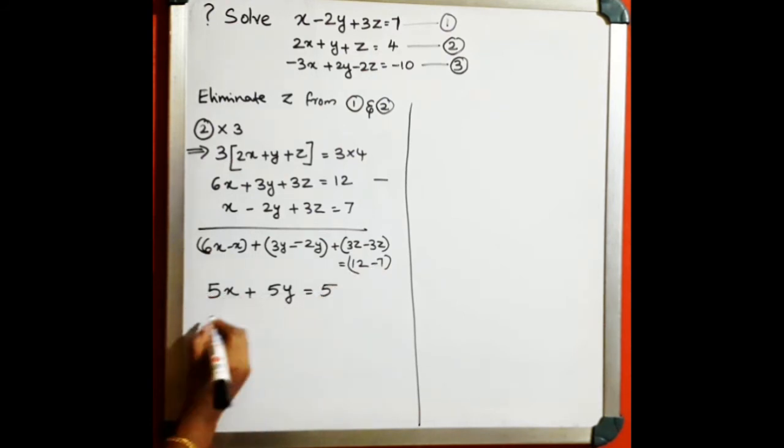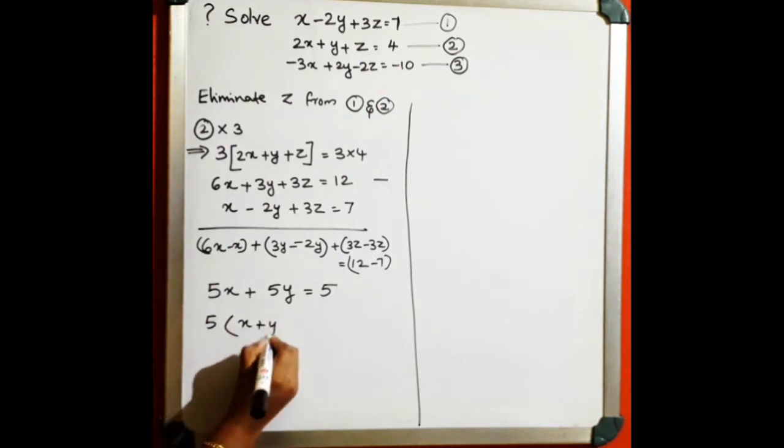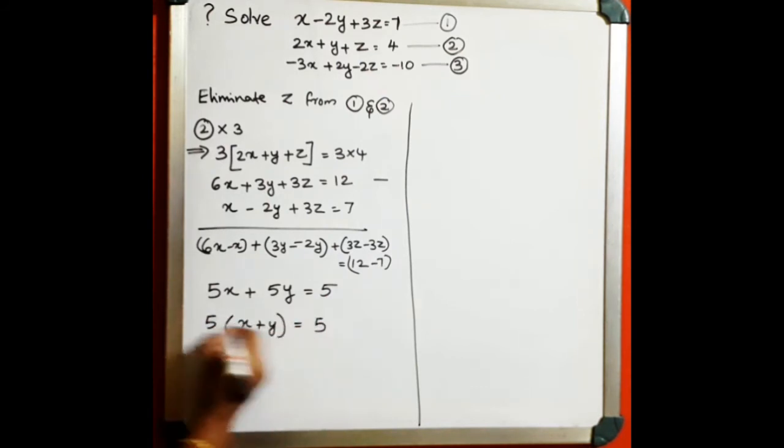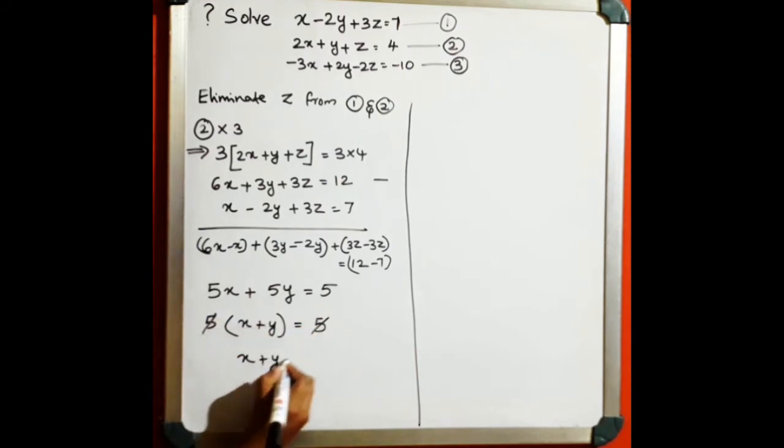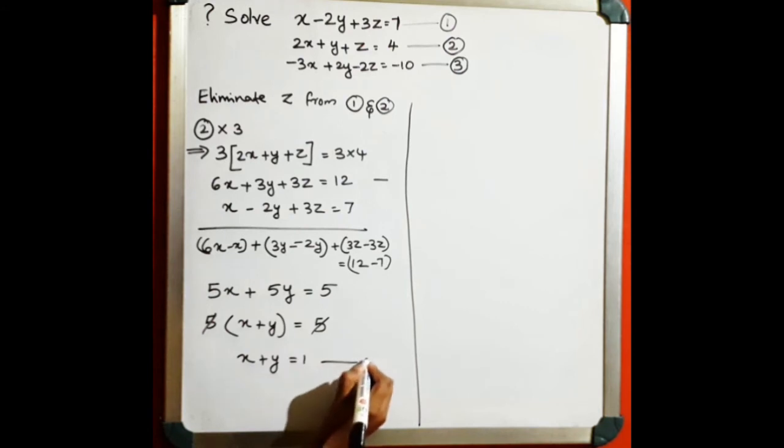Here the 5 is common. So 5 into x plus y is equal to 5. Just cancel this. We get x plus y is equal to 1. This is our next equation. Equation number 4.